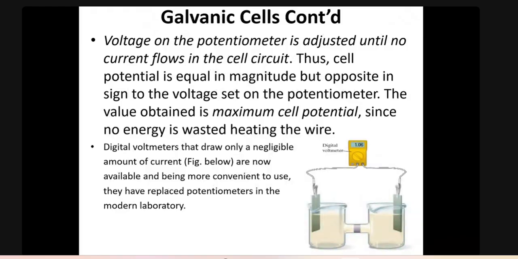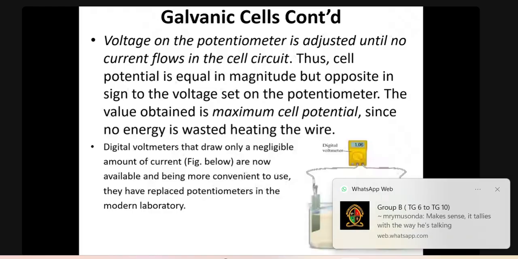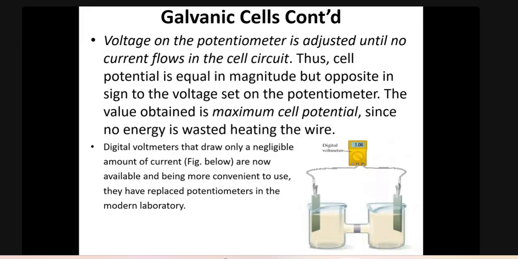So you'll be able to measure the cell potential accurately as compared to the old voltmeters. They are more advanced voltmeters now that will give you a reading closer to the actual cell potential.